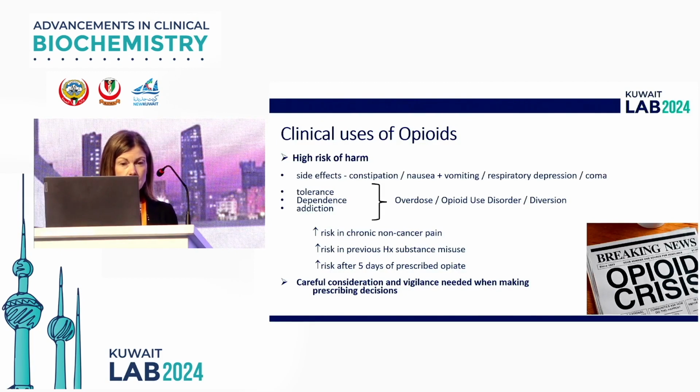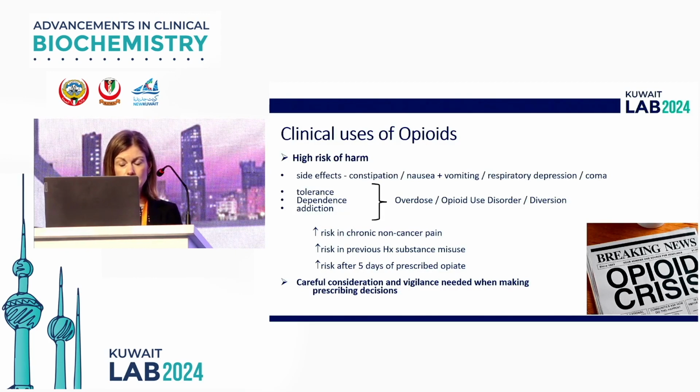The phenomenon of tolerance is well known with opioid medications, and with long-term use, patients typically need higher doses to obtain the same amount of pain relief. There's a risk of dependence and addiction, and in the US in particular, it's really been termed an opioid crisis due to the number of people with opioid use disorder.